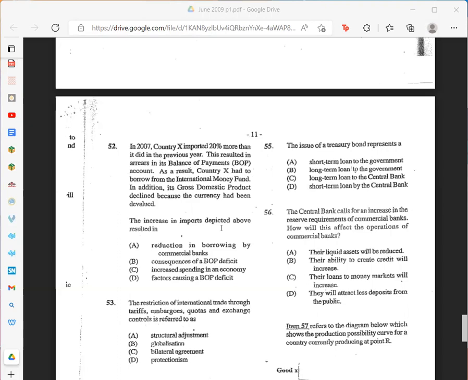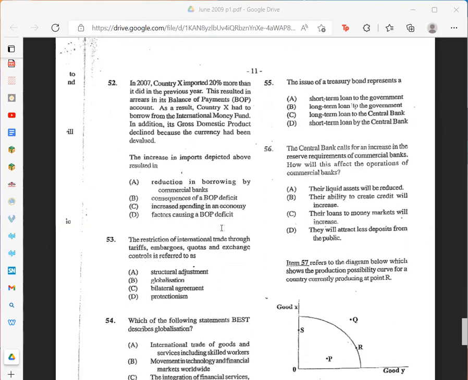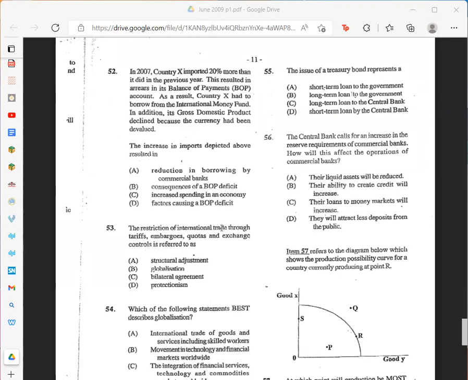So 53, the restriction of international trade through tariffs, embargoes, quotas, and exchange rates is referred to as what? So 53, all of these are examples of what?